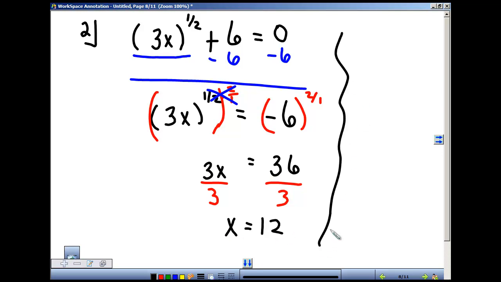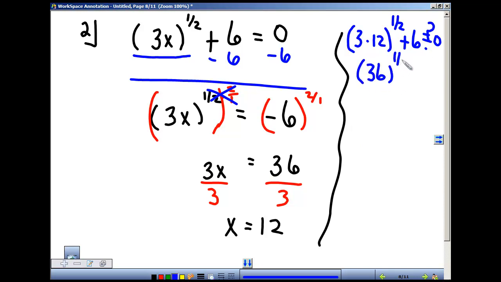Need to check for extraneous solutions. Plug 12 into both sides of this equation. 3 times 12 raised to the 1/2 power plus 6. Is that equal to 0? So 36 raised to the 1/2 power plus 6.